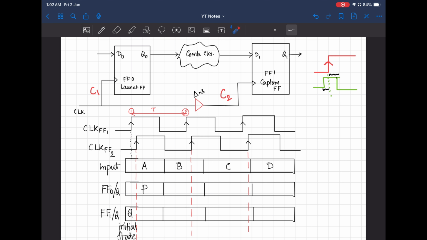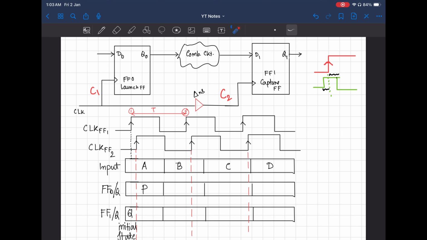Because of that, at flop 0, at the Q0 point, whatever data I am saying, maybe this is the input data ABCD, this data is coming this way and is captured at a particular clock edge.